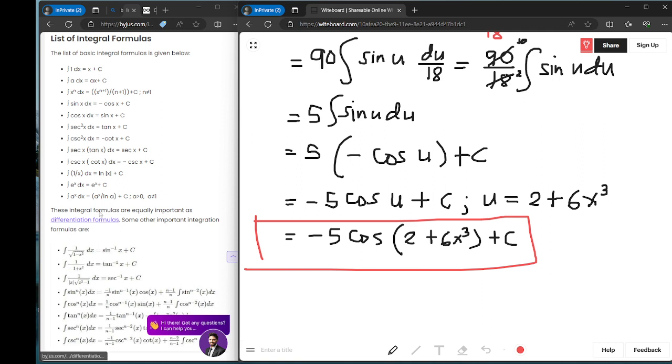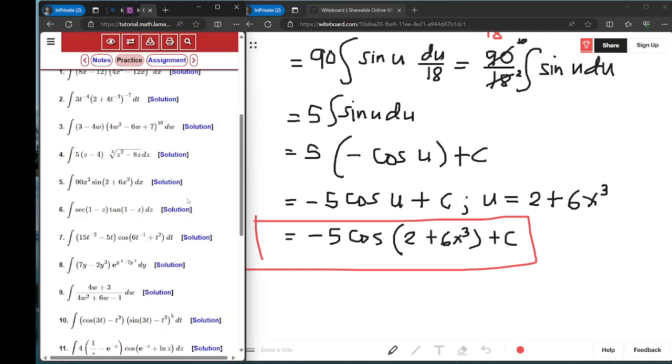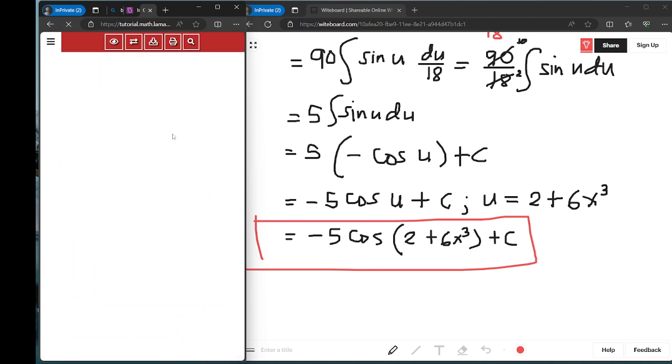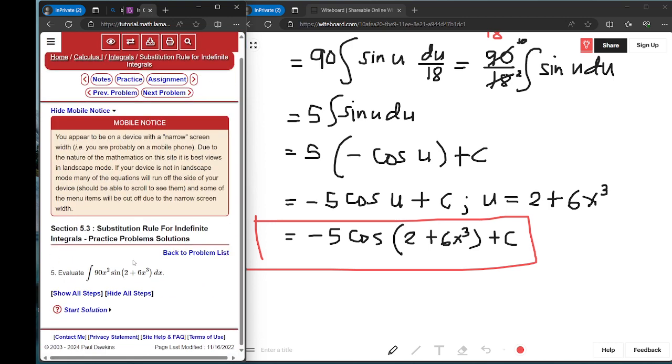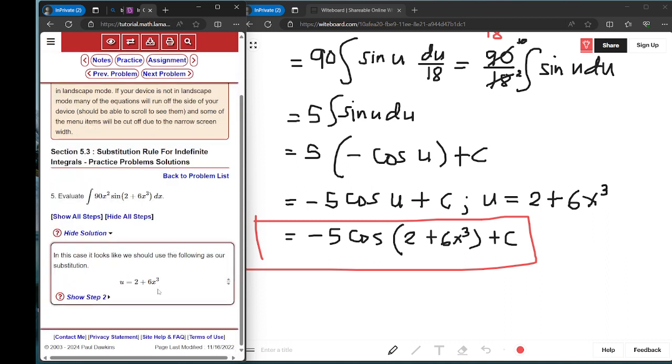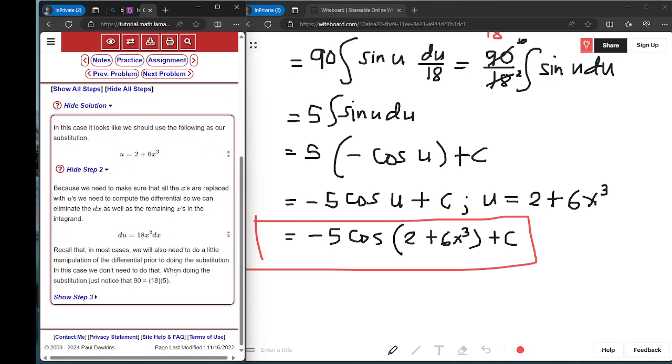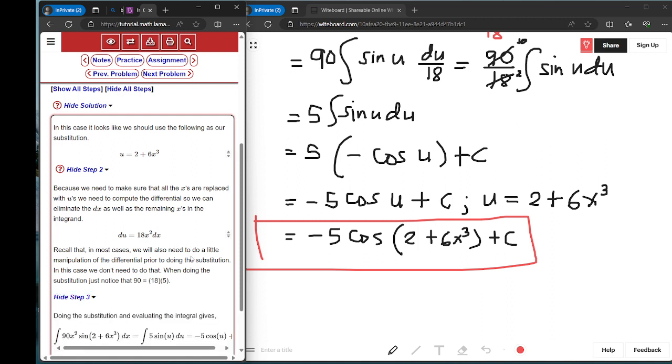So let's try to check if we got the correct answer. We have the same answer with Paul's notes. It's showing us the first step, let u be equal to 2 plus 6x cubed. The second step is get the derivative of u.